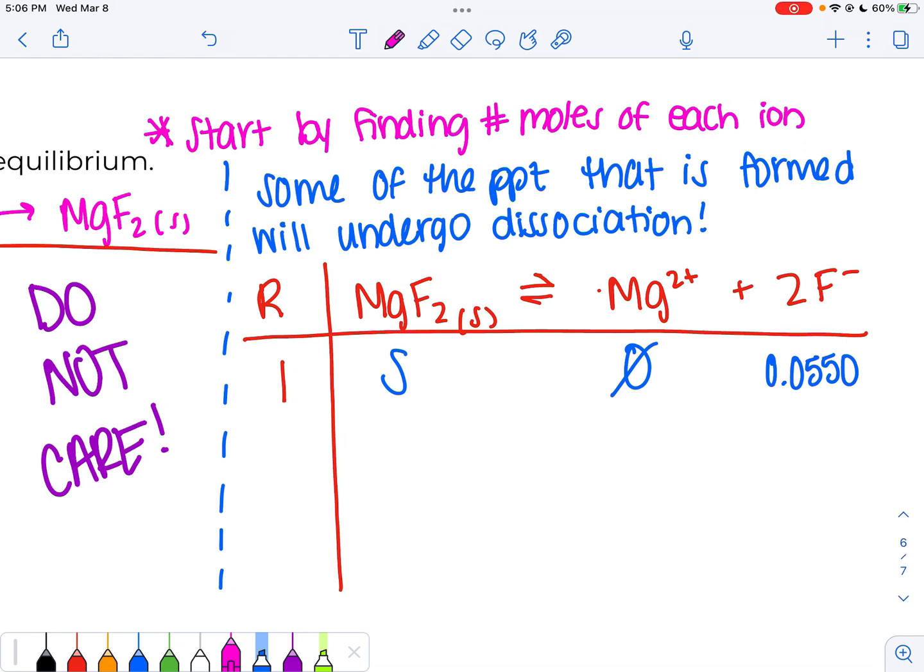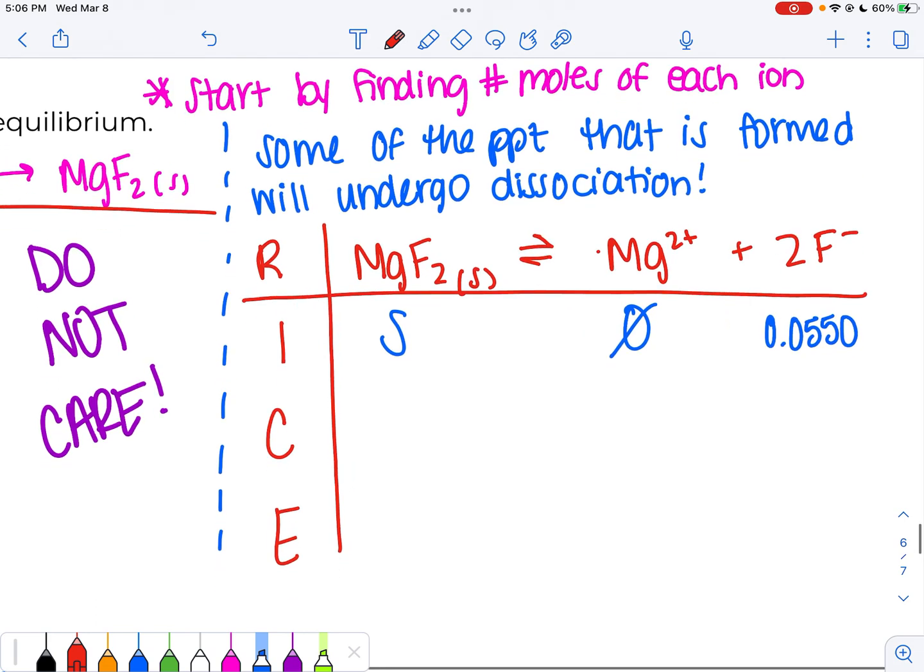Okay, so here's our initial amounts. Now we have to determine our change and find out what we're going to have at equilibrium. So by definition at equilibrium, we should have 0 of our salt dissolved, which means we are going to lose S amount of it. What's its solubility? That's what we're going to find out. So we are going to gain some amount of magnesium ions back, and we're going to gain back twice the amount of fluoride because of the stoichiometric coefficient.